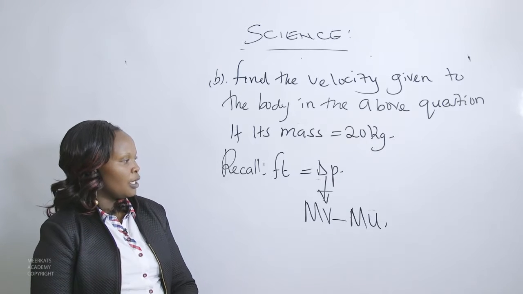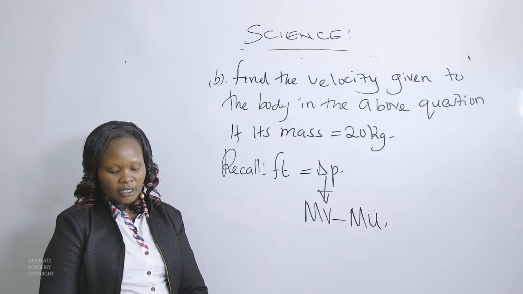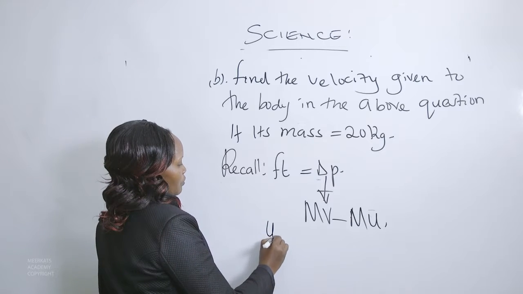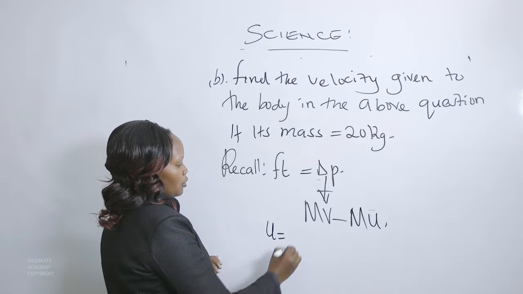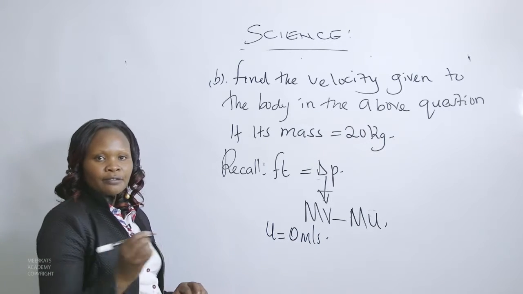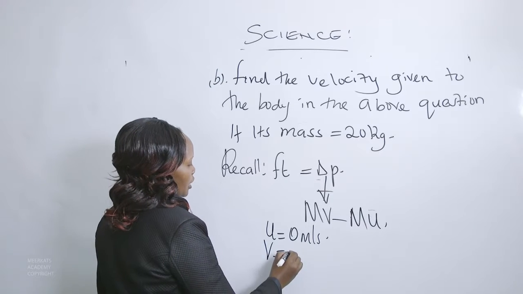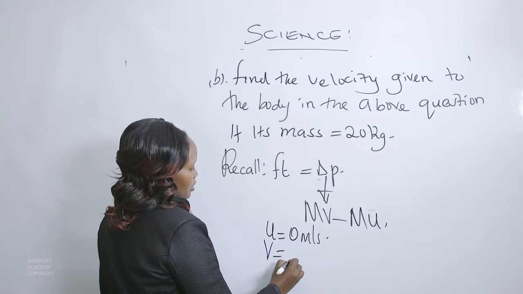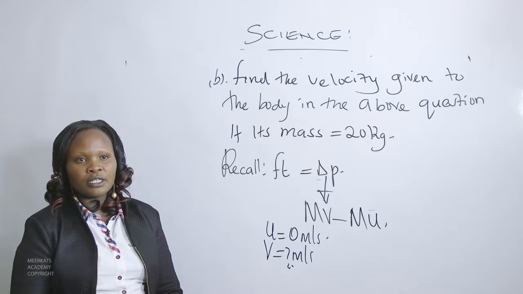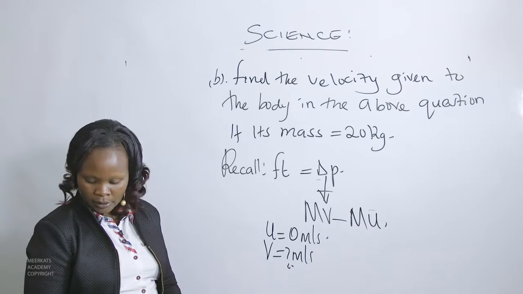The question suggested that the body was at rest. Therefore, before acceleration, u was 0 meters per second, and a final velocity, which we are going to call v, was realized in meters per second, and that is what we are interested in.